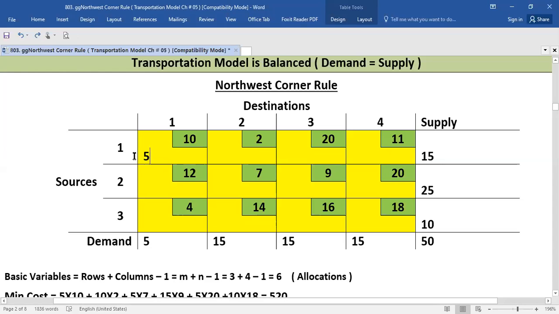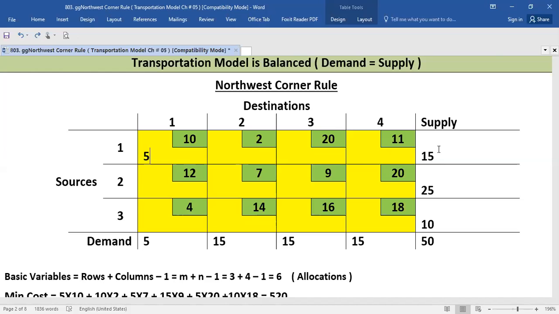Below this cell you have demand 5, and similarly in the same row on the right you have 15 supply.